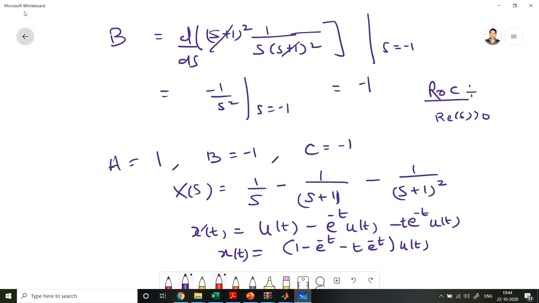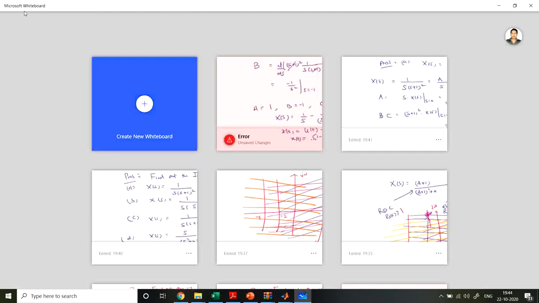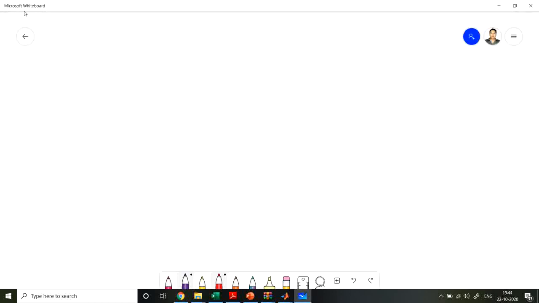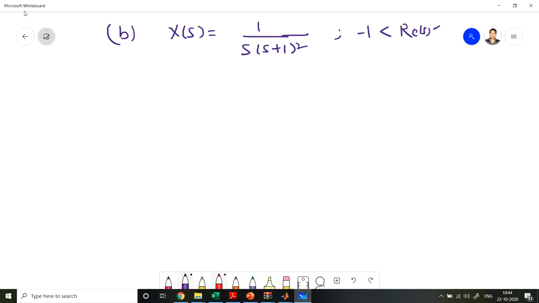So let us do problem B. The problem B is Xs is the same, 1 divided by (s plus 1) whole square, but the ROC is different. The ROC is given as minus 1 less than real part of s less than 0. So let us concentrate on the ROC part.